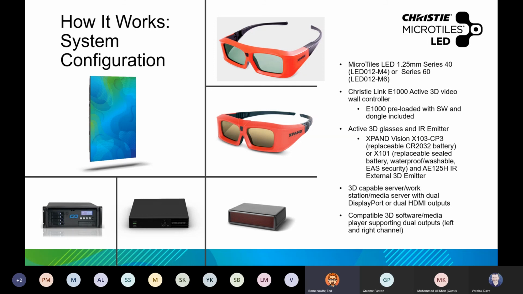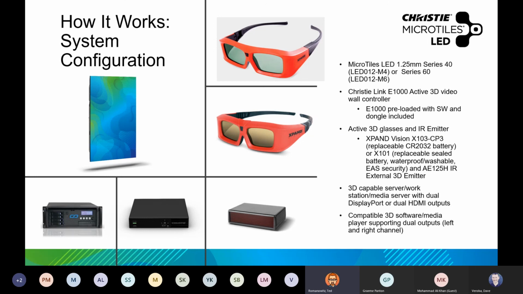And then finally, in terms of the media, on the media server, you would need to have a compatible 3D software media server player that supports dual outputs. So there are side-by-side files of left image and right image, separate streams of files.